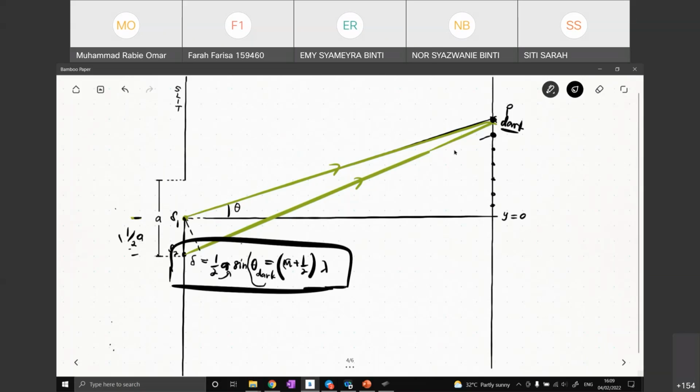So you can predict the angle from here to here. You can predict the angle here using this particular equation. In other words, you can use this equation to know the dark positions.